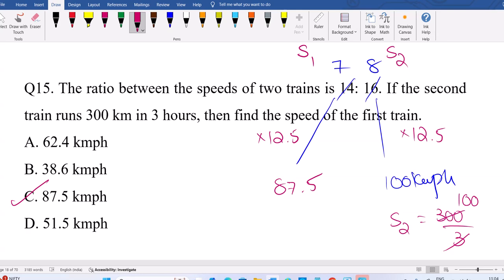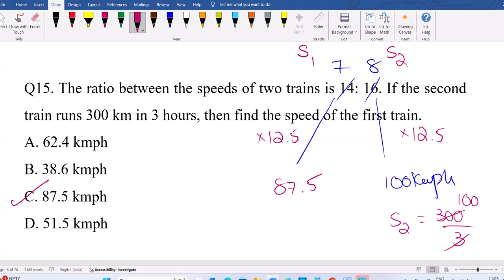Second one is 100. 8 related to 100 means we have to multiply with 12.5. Then 7 should be multiplied with 12.5, which is 87.5. 12 times 7 is 84, half of 7 is 3.5, 84 plus 3.5 is 87.5.